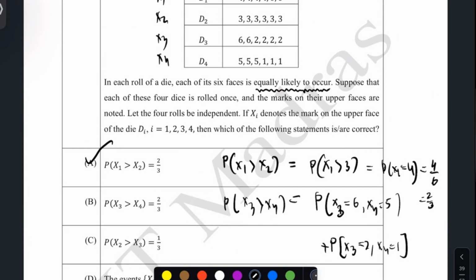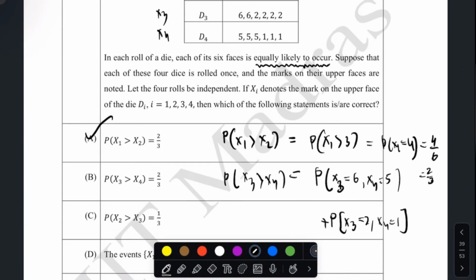When is X3 greater than X4? Sir, 6 and 1 is also a case, right? Oh yes, X3 is 6 and X4 is 1. You're right, 6 and 1 too. Thank you. So let's count how many possibilities there are.